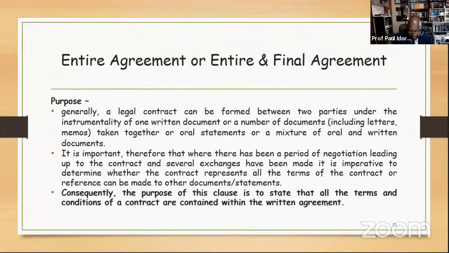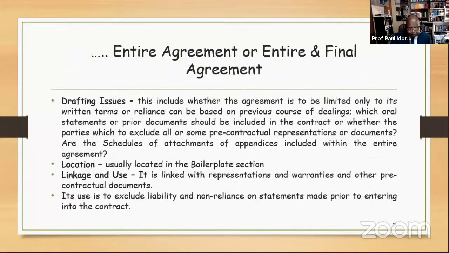So this document represents the entire agreement. And I use it a lot. It can work for or against, but be careful that when you're migrating from the pre-contractual document to the main document, you ensure that all the critical elements of the pre-contractual agreement are captured in the main agreement.